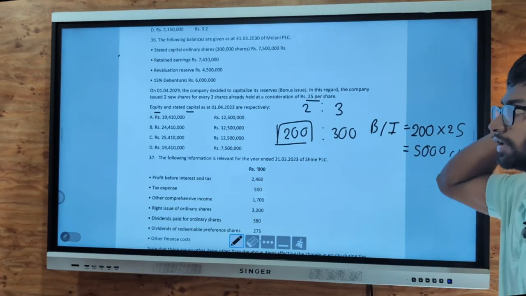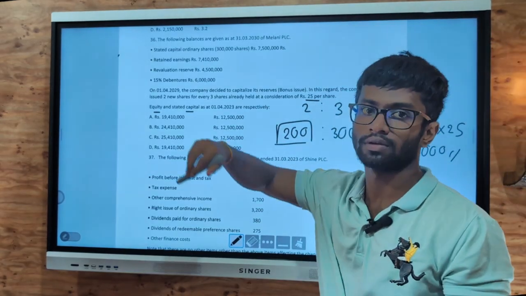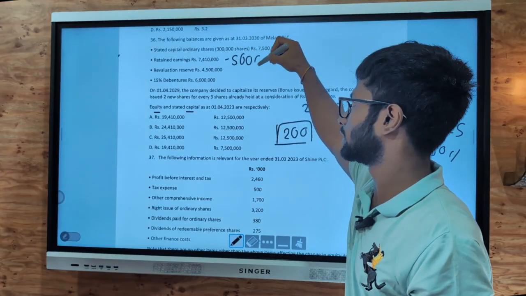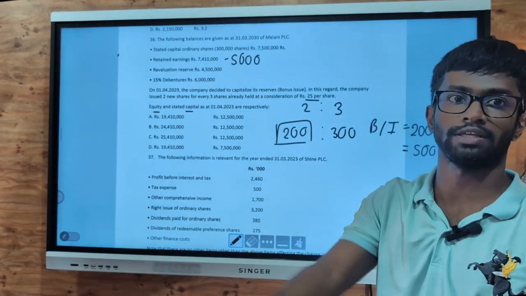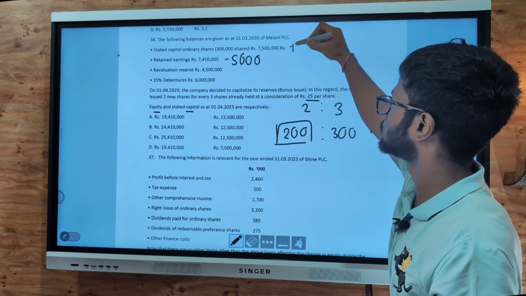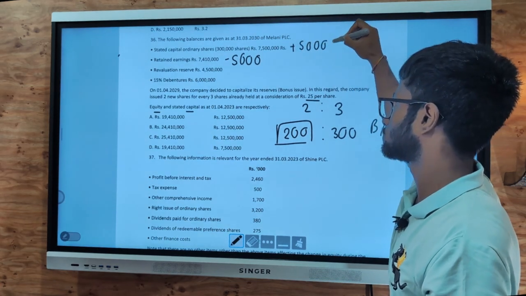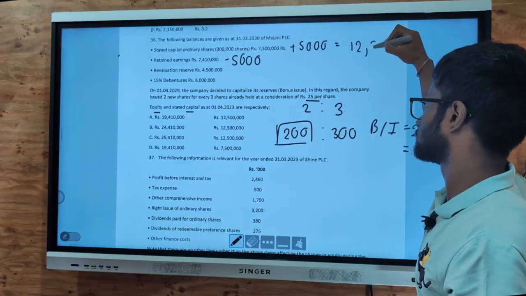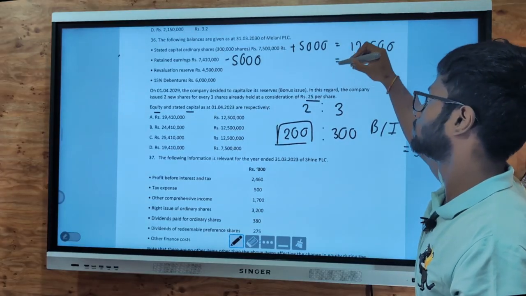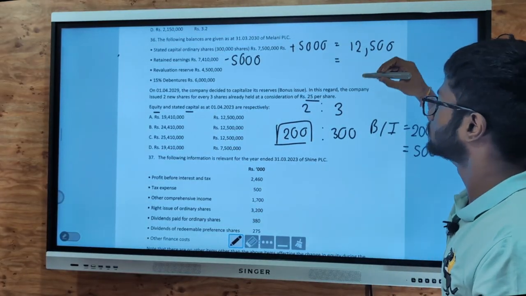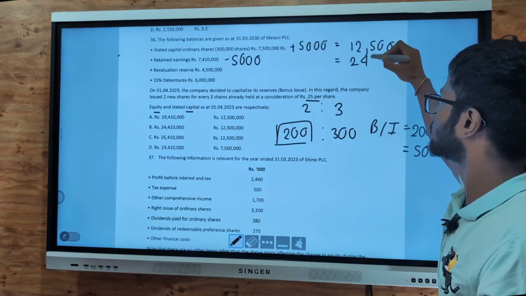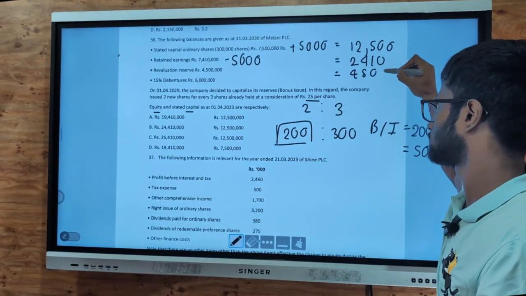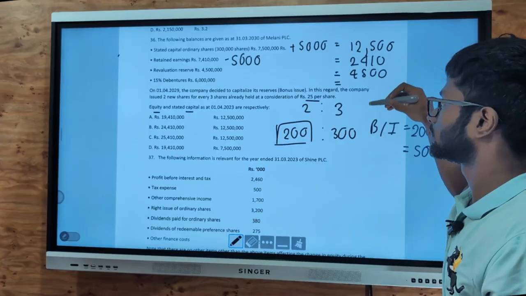Now keep in mind how we will give this is, we remove from retained earnings, we use one of our reserves and we add that to our stated capital. Now see, your new stated capital would be 12,500. New retained earnings would be 2,410. Revaluation is 4,500. Nothing happened to that.